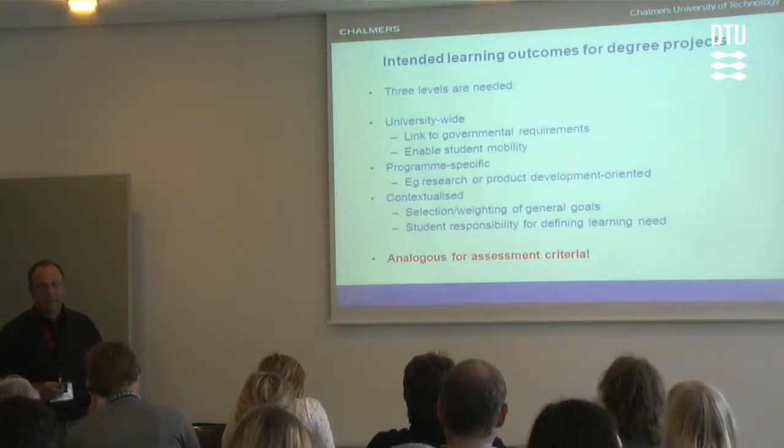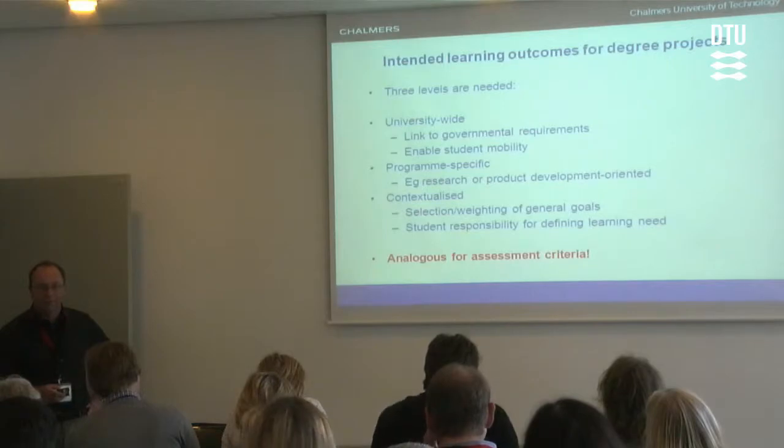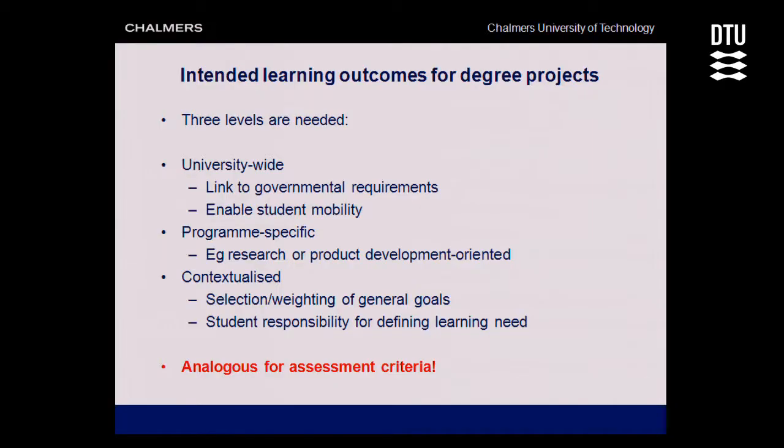So then let's discuss the elements of constructive alignment with this degree project in mind. And intended learning outcomes. Well, we found that you could identify intended learning outcomes at least on three different levels for degree projects.